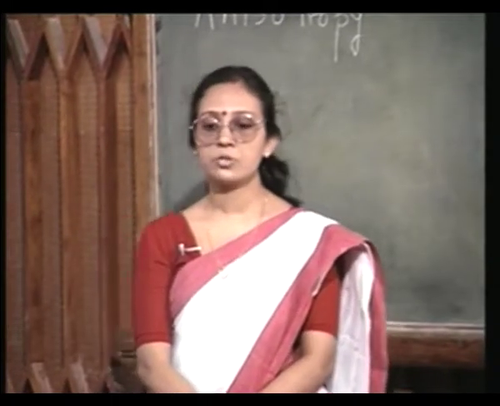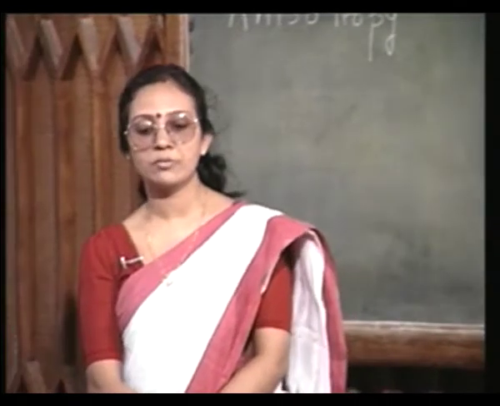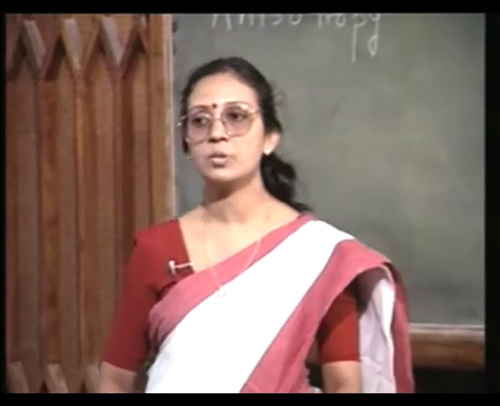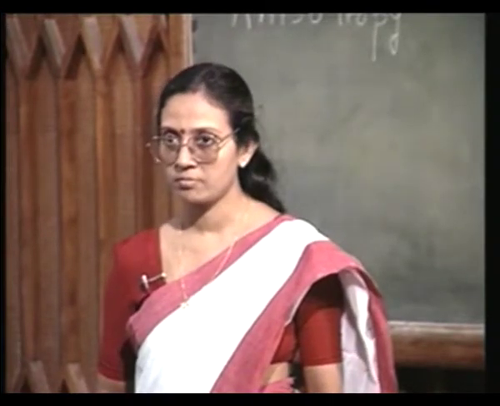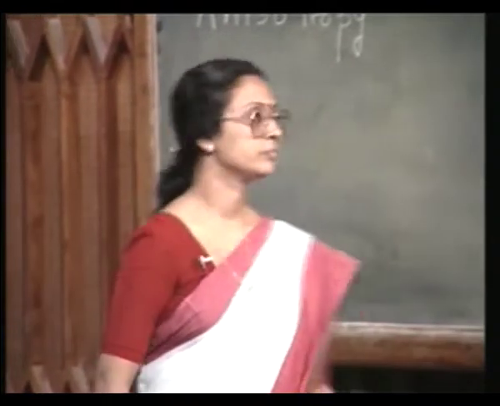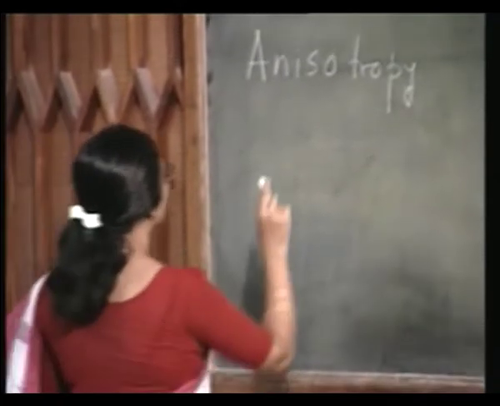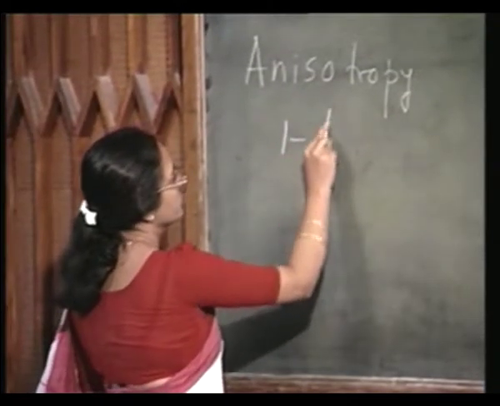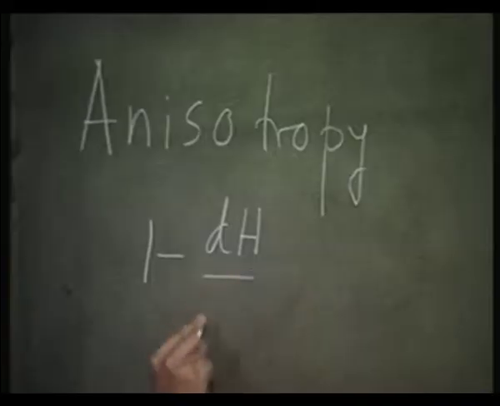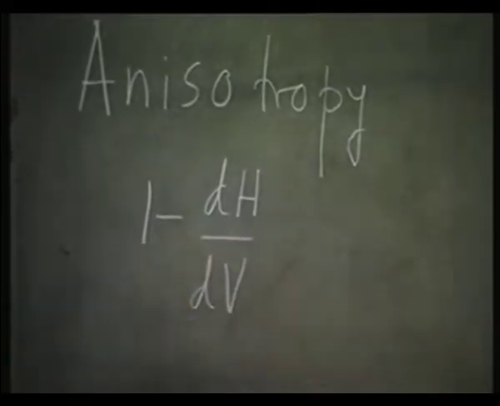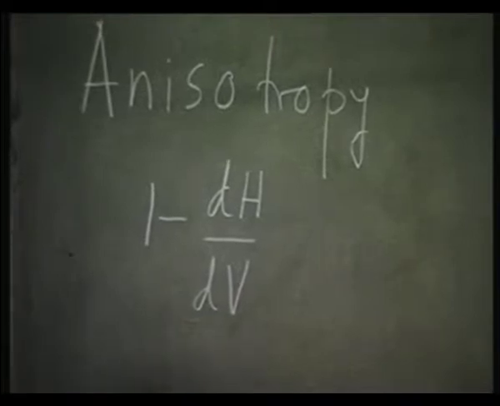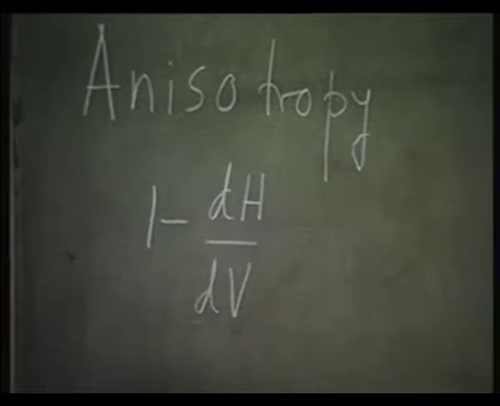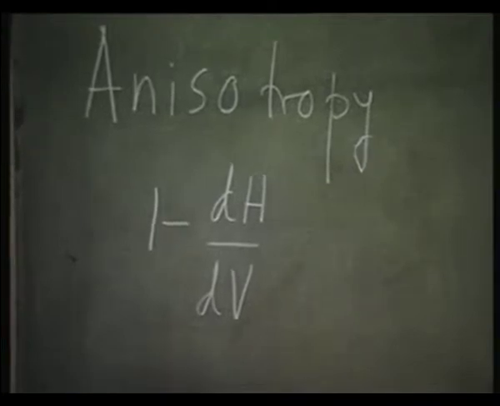Okay. So, anisotropy is usually given as a ratio between the horizontal etch rate to the vertical etch rate. So, we can say anisotropy is one minus dH/dV. dH is the etch rate in the horizontal direction, dV is the etch rate in the vertical direction.